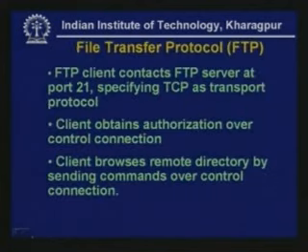The FTP client contacts the FTP server at port 21, specifying TCP as the transport protocol. The client obtains authorization over the control connection. This is important. When you want to download a file, it is important to check whether the person has proper authorization, because not all files and information should be available to everybody in the world.